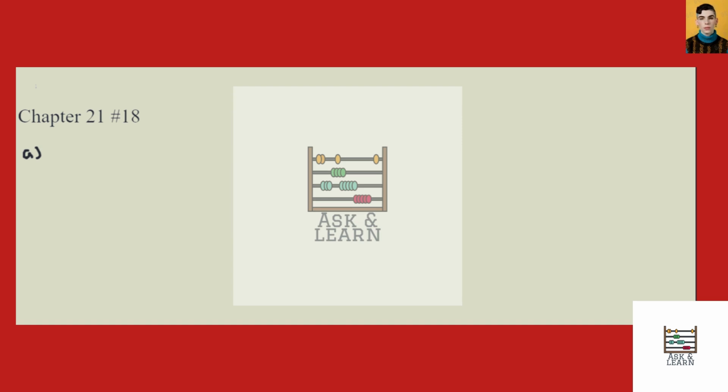So for A, we are going to do triphenylphosphine, so PPh3, and our desired alkyl halide. So it looks like for this problem, it's just an ethyl group.